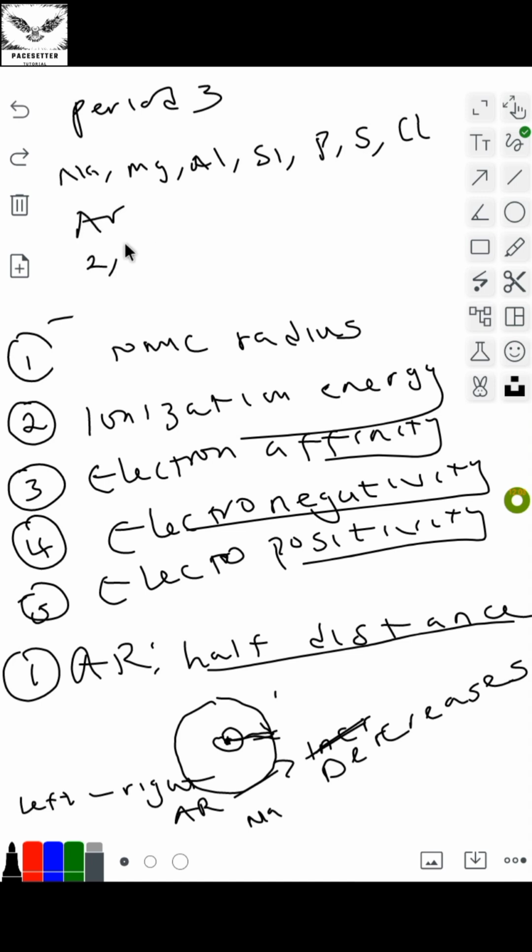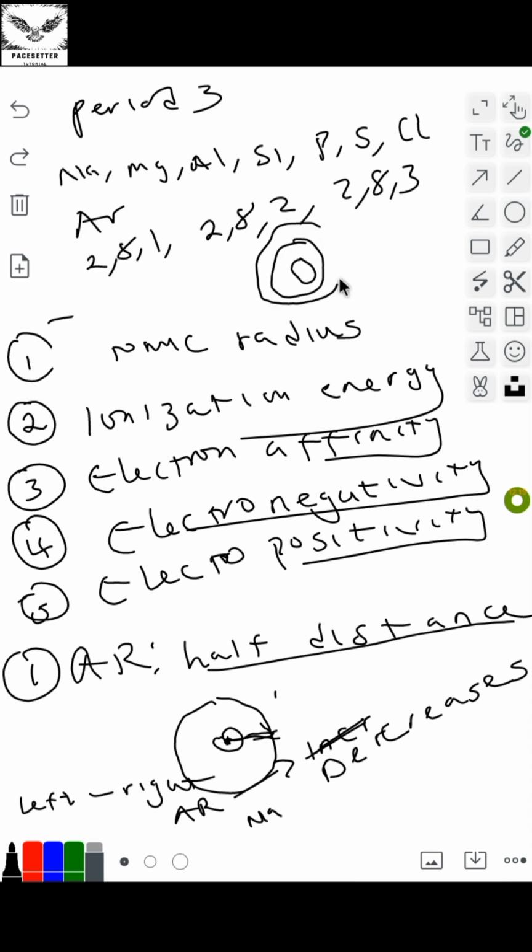Now you know that period 3 means that sodium is 2,8,1, magnesium is 2,8,2, 2,8,3, and so on. You draw the third shell, because they will have 3 shells. They will have the same distance like this.